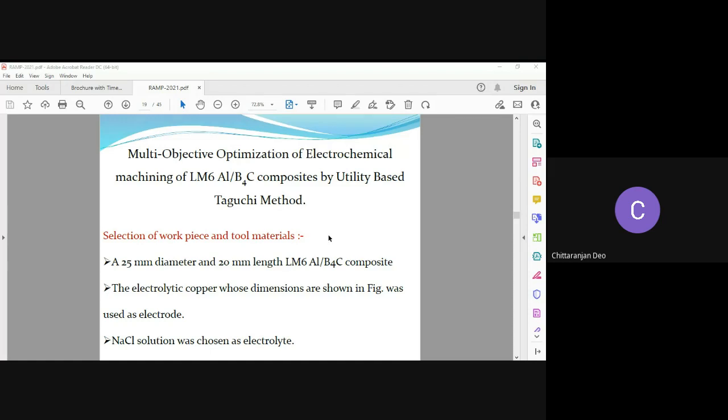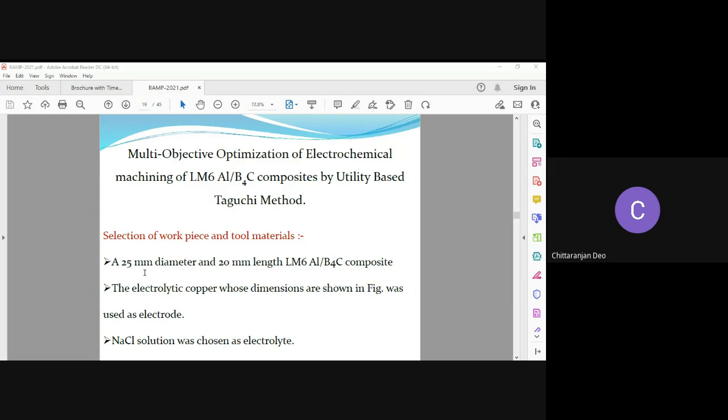Then we fabricate this composite by feeding this mixture into the mold. Then from that casting, we select the material with the dimension that we need for machining. The dimension is 25 mm diameter and 20 mm length. Samples are fabricated with the help of this stir casting.